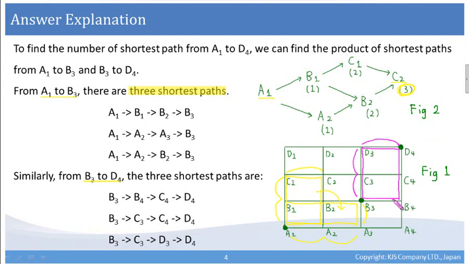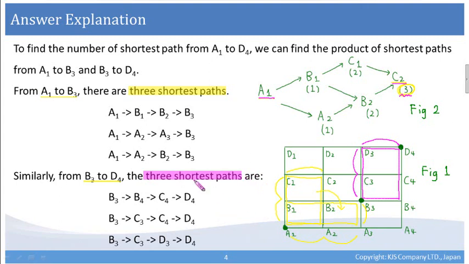So the size of the rectangle is the same as going from A1 to C2 again. So there are three shortest paths available from B3 to D4.